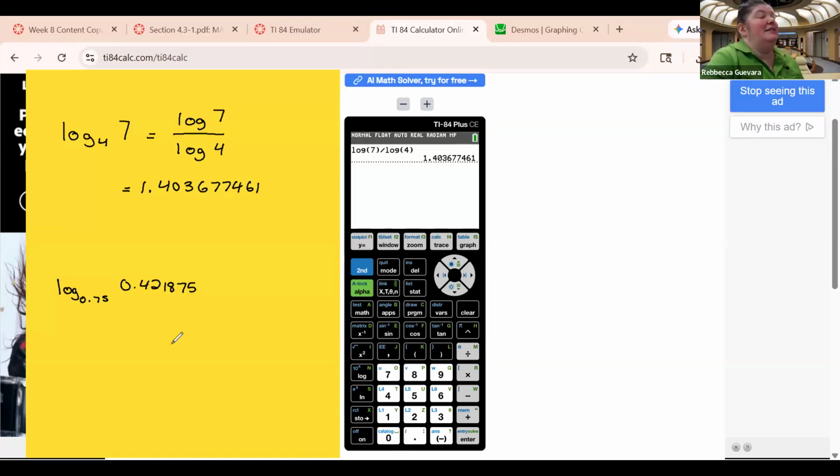Now for log base 0.75, or log base 3/4, of 0.421875, we're going to do natural logs for that one. So we'll do natural log of 0.421875 divided by the natural log of 0.75.